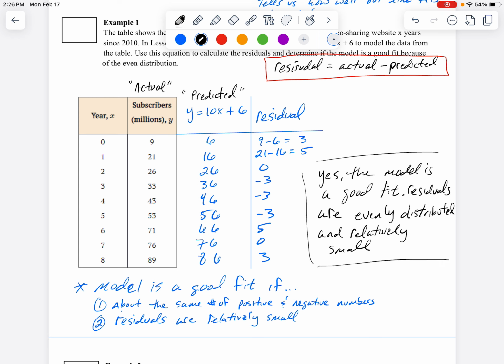Yes, it is a good fit because it fits these two things. Here we say the residuals are evenly distributed. That means I've got approximately an even positive number, a negative number, and the residuals are fairly small or relatively small.